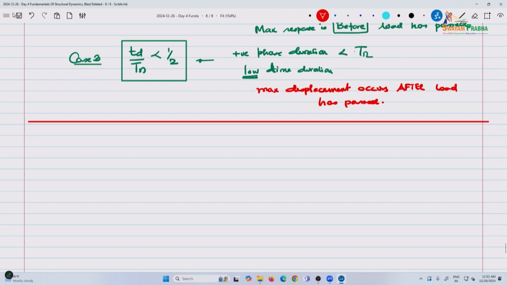So, the main idea here is that maximum displacement, or the time, depends on the ratio of Td by Tn.